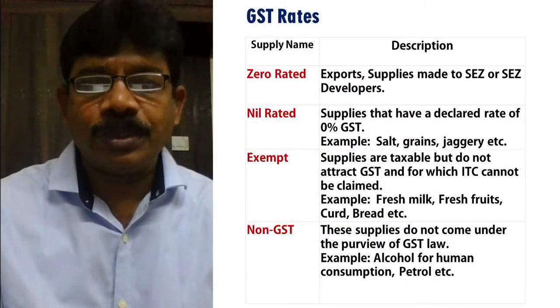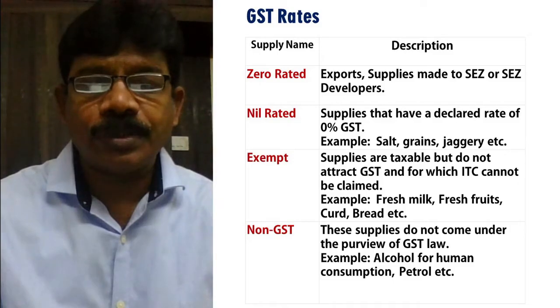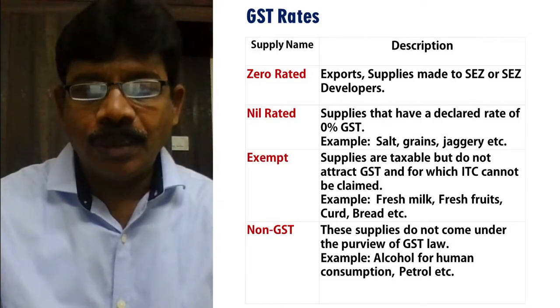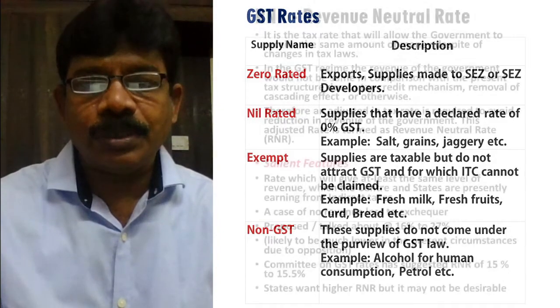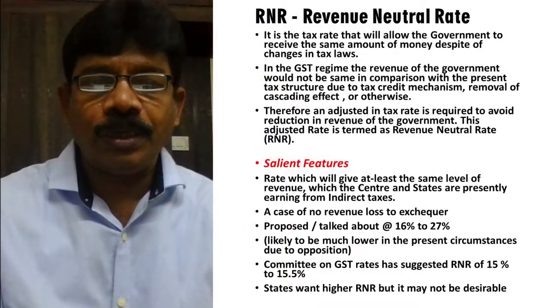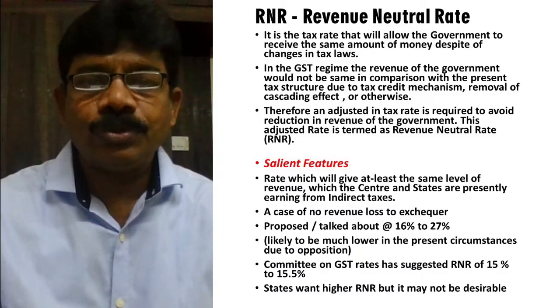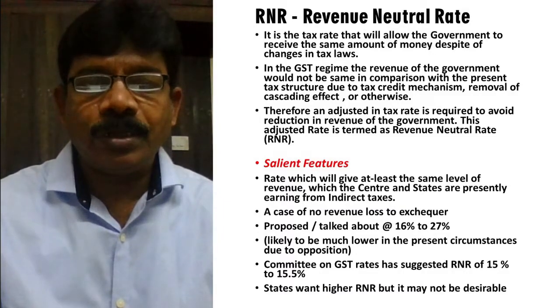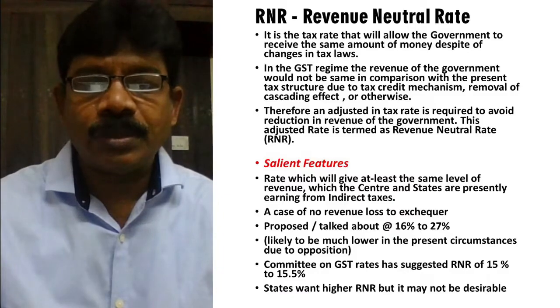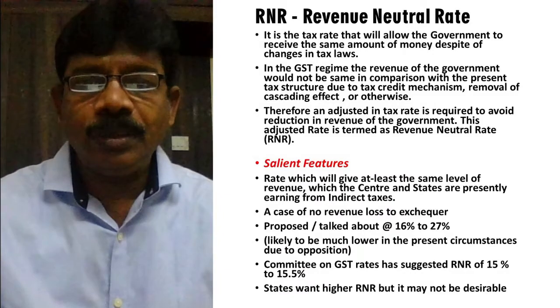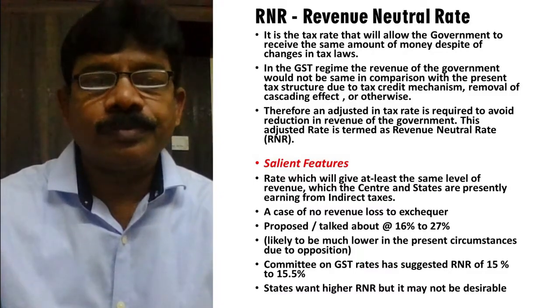Next, rates. GST rates are there. Zero rate is there. Nil rate is there. As well as exempted goods and non-GST goods are there. Again, we will understand RNR, revenue neutral rate, the rate of tax which gives income to the state or central government which is not less than under the earlier tax laws.